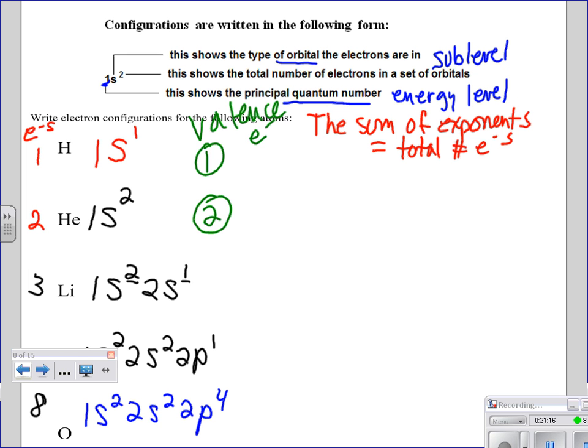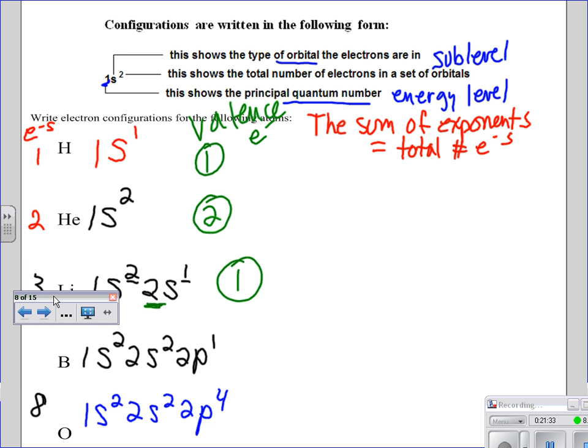You got this. Don't listen to me. 1, because your highest energy level is your second energy level. There's just 1 valence electron. Boron. How many in boron? 3, because you've got 2 in the second energy level, you've got 2 plus 1, so 3 for boron. What about oxygen? 6.